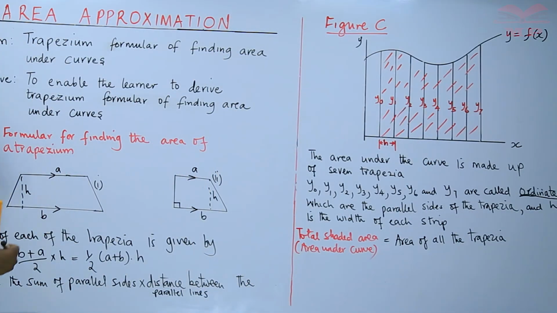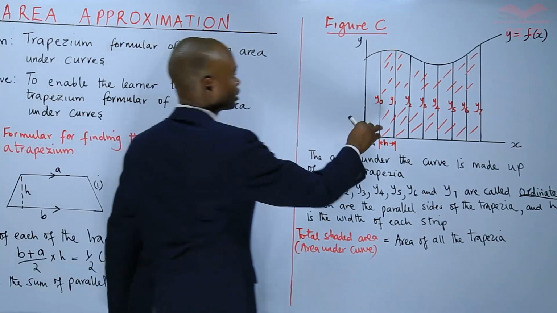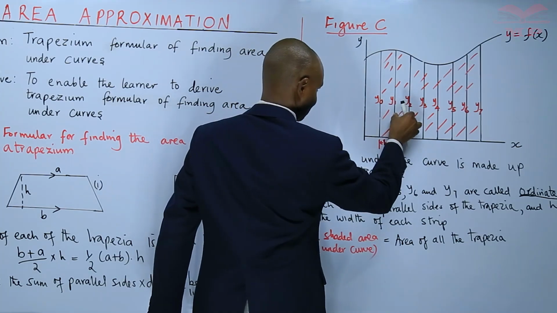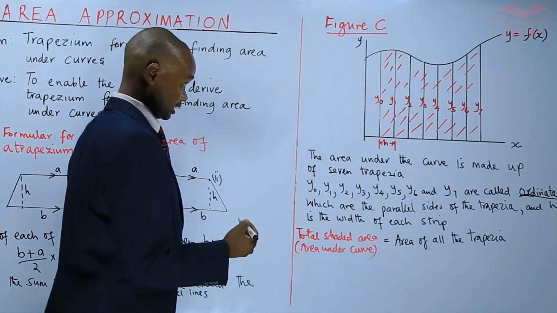We can get the area of each of the trapezia because we know for this strip, these are the two parallel sides, and for this strip, like that. So we start getting that area.